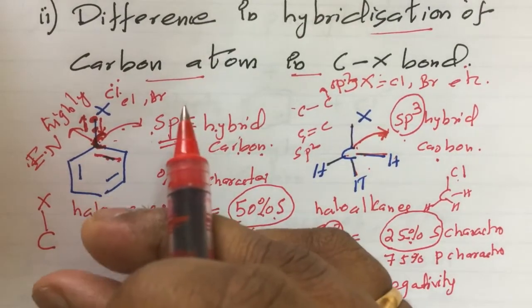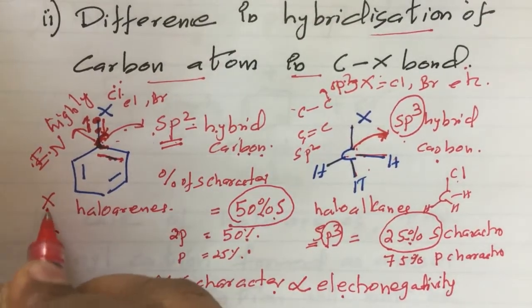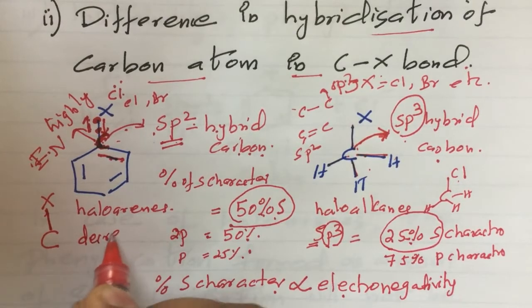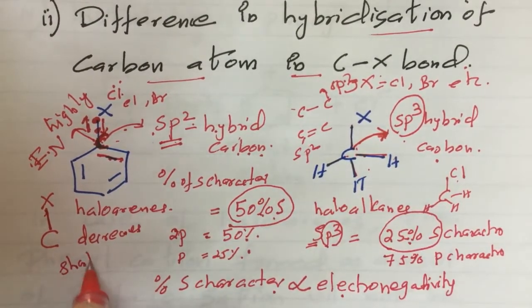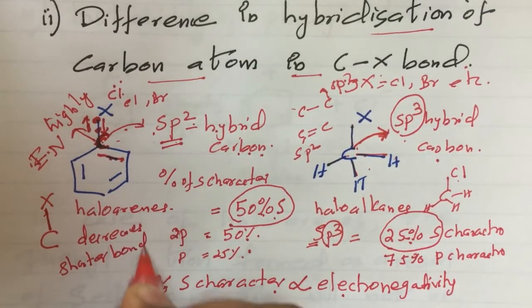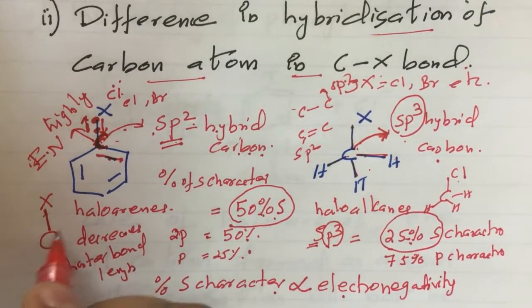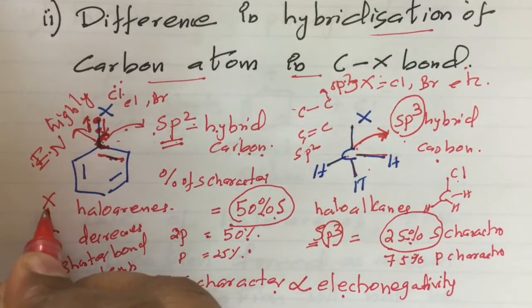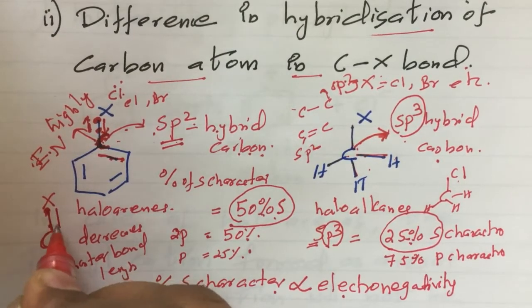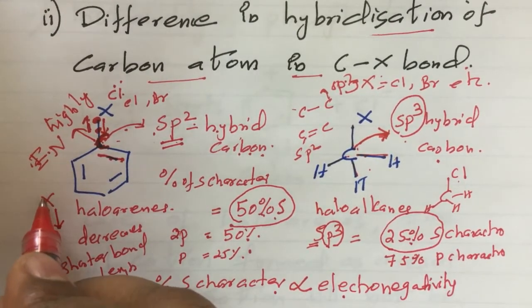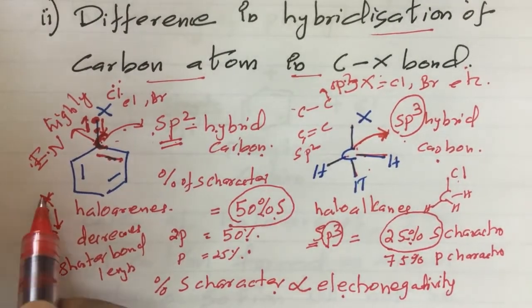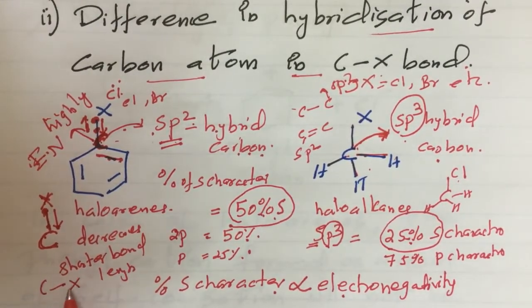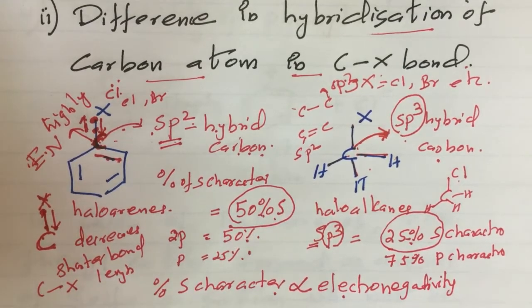So bond length will decrease. It becomes shorter bond length. Why? Because carbon is highly electronegative, so it is attracting electron. Then due to this attraction, C-X bond length become short.